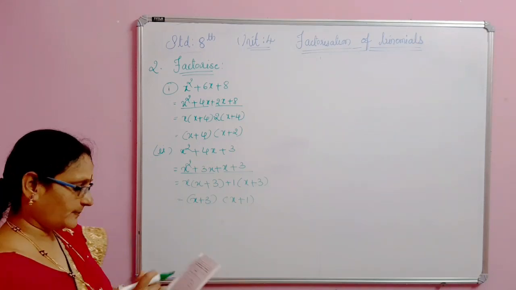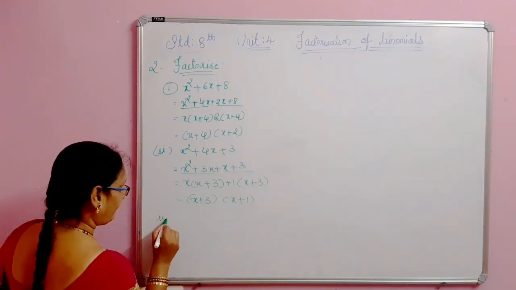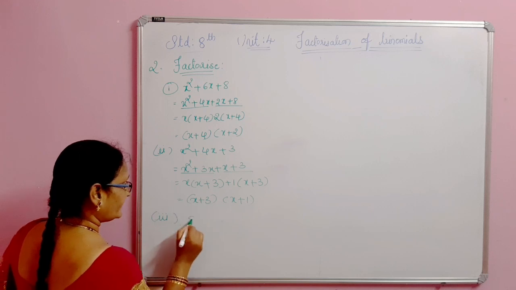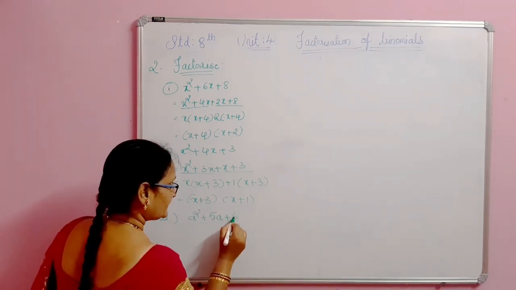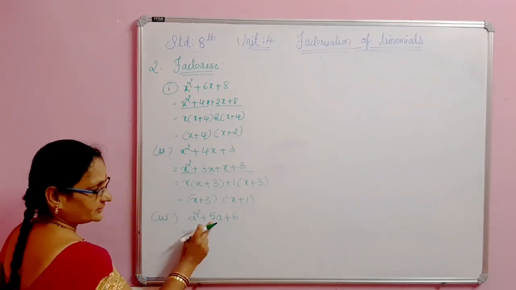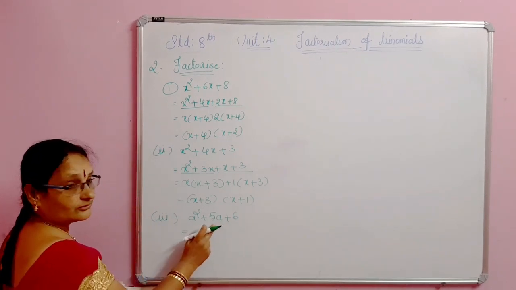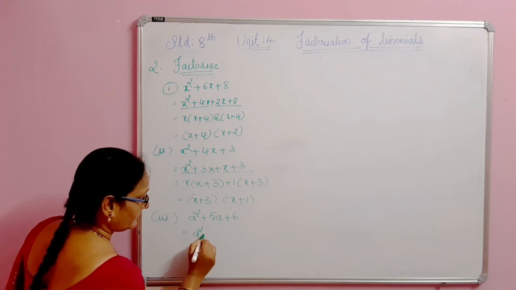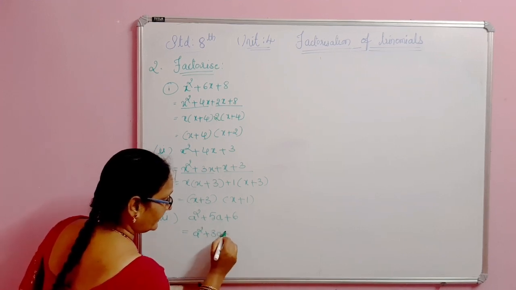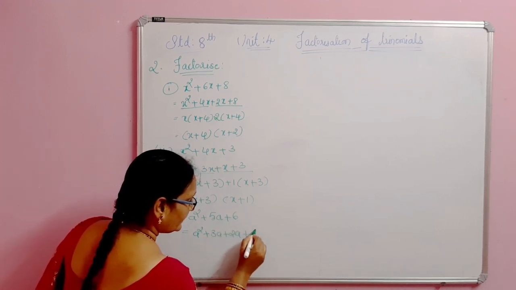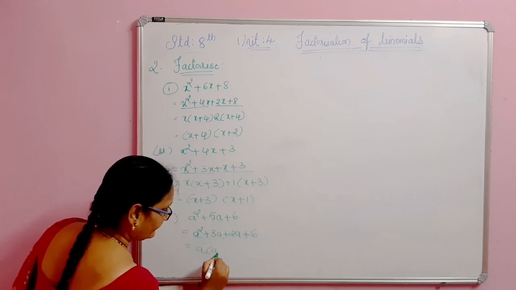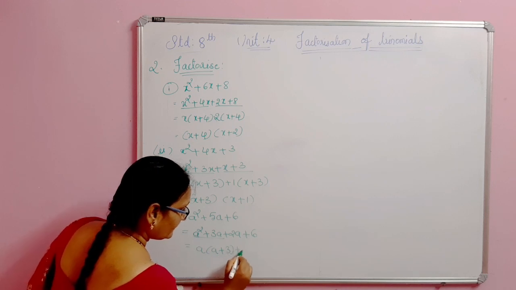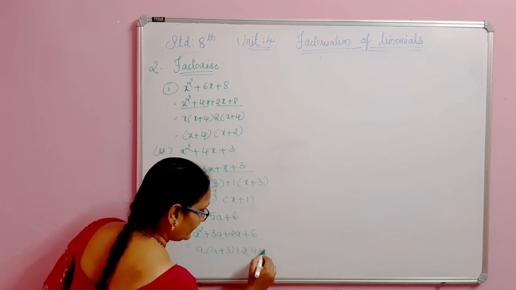Now third, a square plus 5a plus 6. See here, 3 2s are 6, 3 plus 2 is 5. a square plus 3a plus 2a plus 6. Here, in this a is common, a plus 3 remains, plus 2 is common, a plus 3.